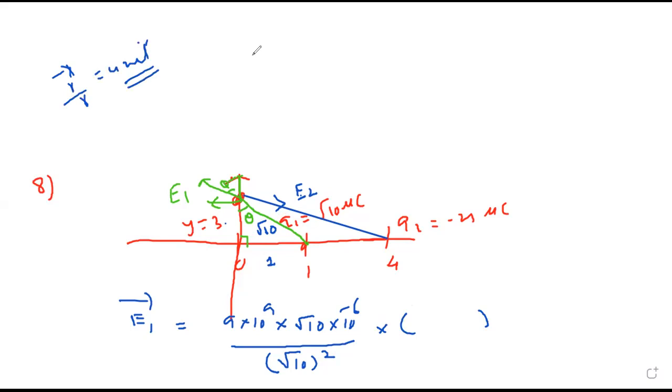So R bar is nothing but this distance, which I can say root 10, and that vector will be this distance, which is 1 plus 3j cap.